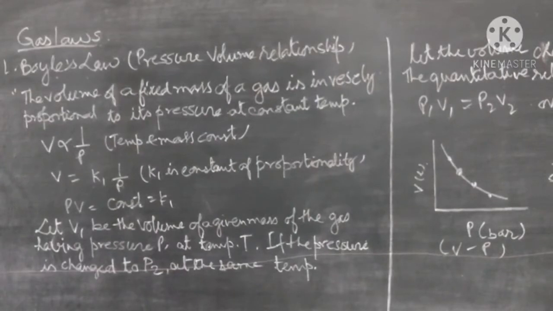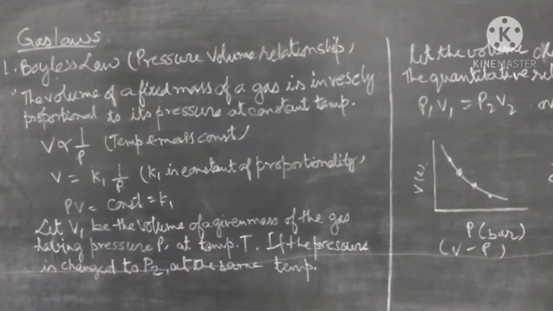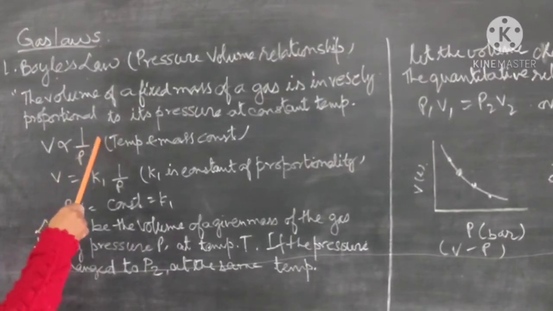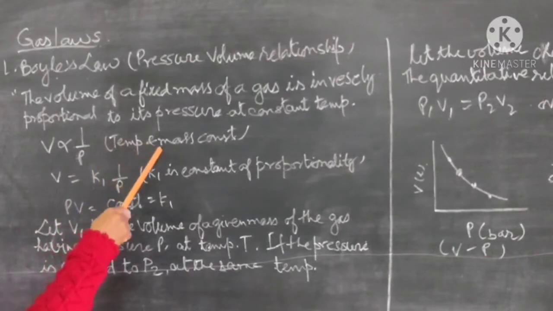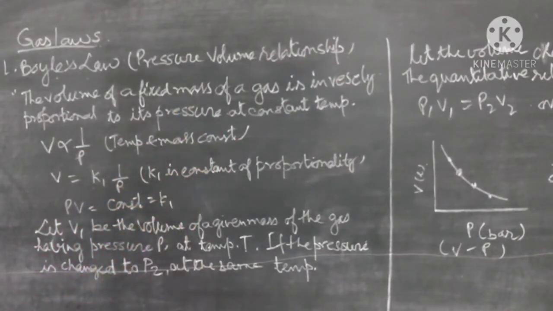Now this law can be easily demonstrated by a simple experiment: just by increasing the pressure, there is a decrease in the volume. So V is inversely proportional to P when the temperature is kept constant. Then we can write V is equal to K1 times 1 upon P, where K1 is the constant of proportionality.